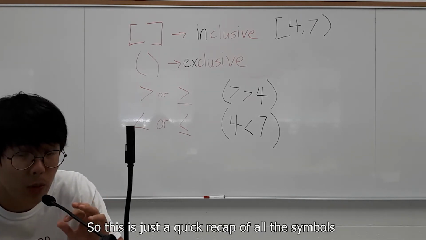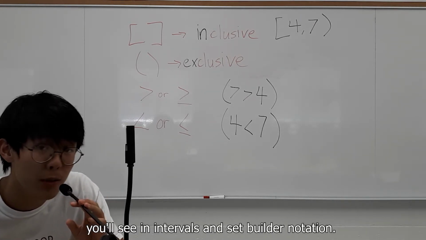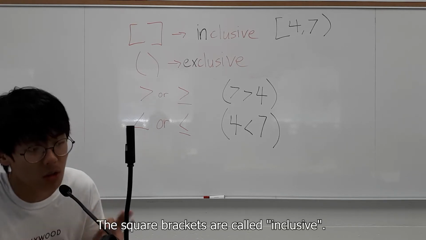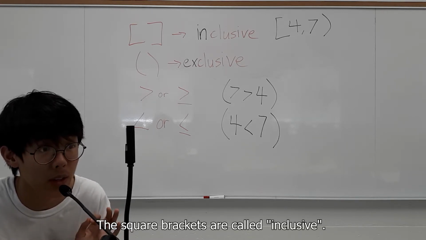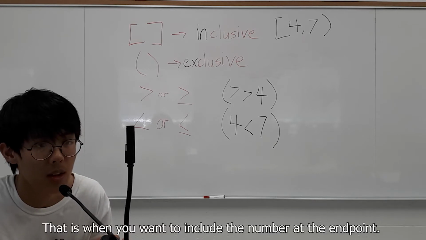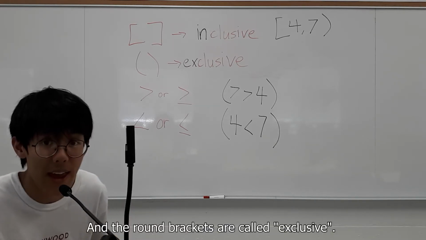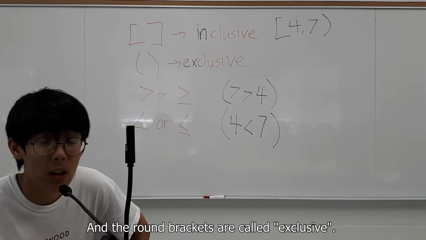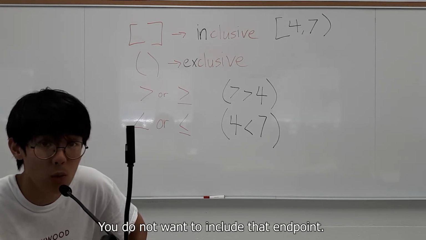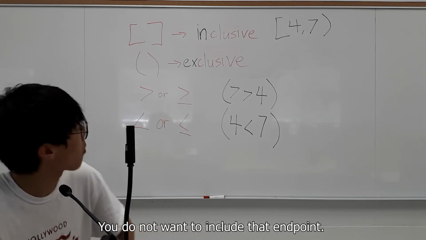So this is just a quick recap of all the symbols that you'll see in intervals and set builder notation. These square brackets are called inclusive. That is when you want to include the number at the endpoint. And the round brackets are called exclusive. You do not want to include that endpoint.